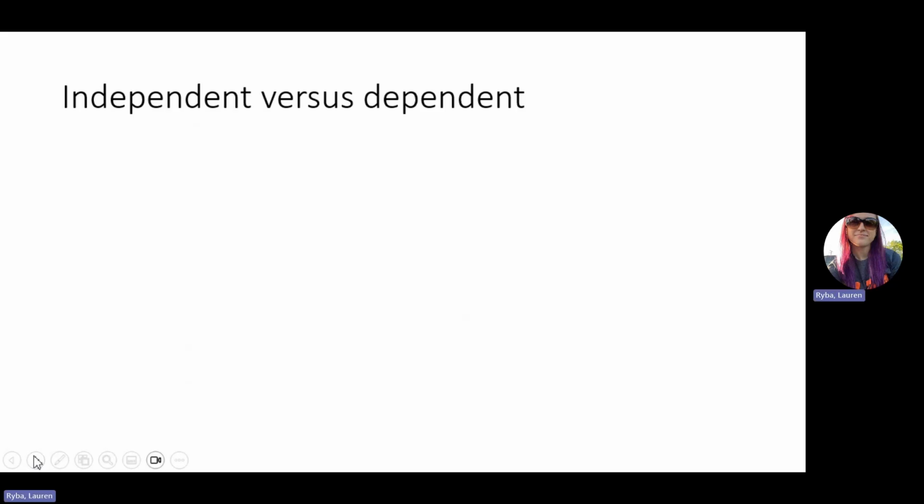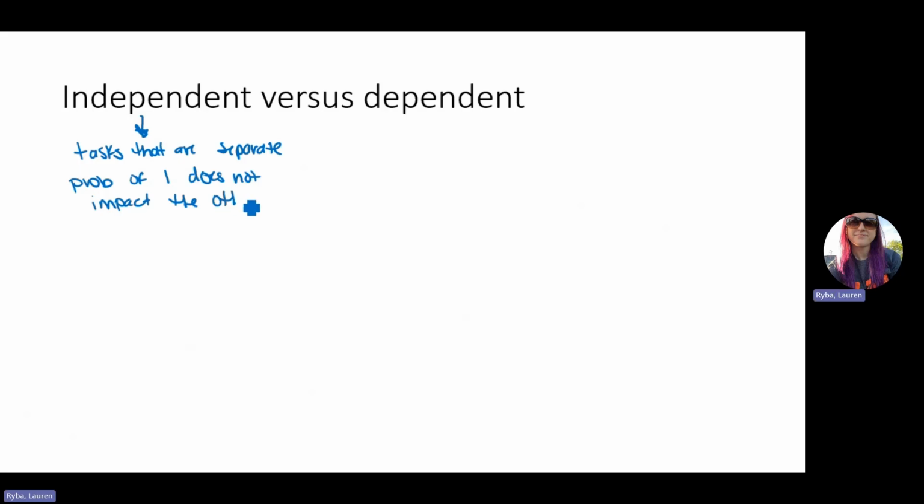Okay, so now we're going to talk about what is called independent and dependent. So independent are tasks that are separate, or another way to think about it is the probability of one does not impact the other.